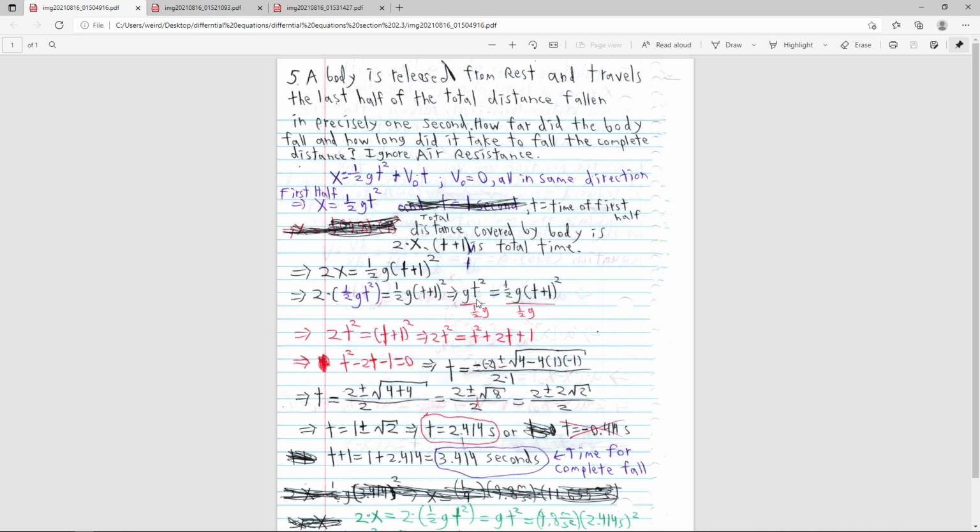And so it becomes gt squared equals 1/2 g times t plus 1 squared. Divided by 1/2 g on both sides, we get 2t squared equals t plus 1 squared. 2t squared equals, because we just FOIL it, t plus 1 times t plus 1, which is t squared plus 2t plus 1.